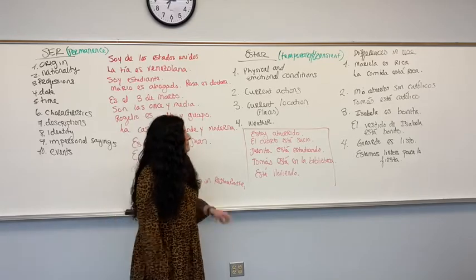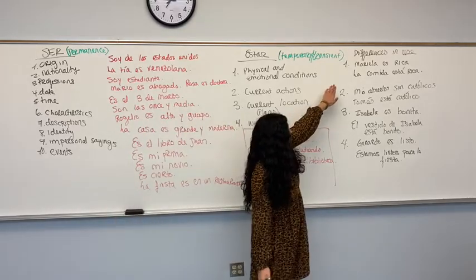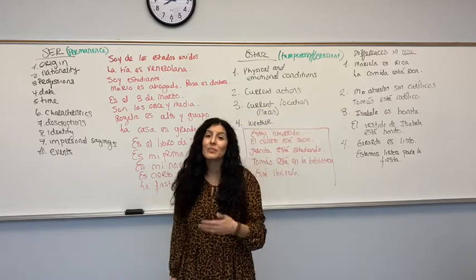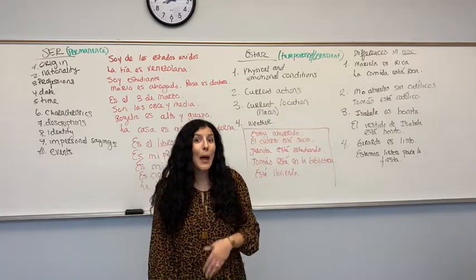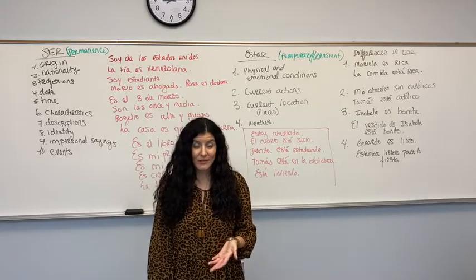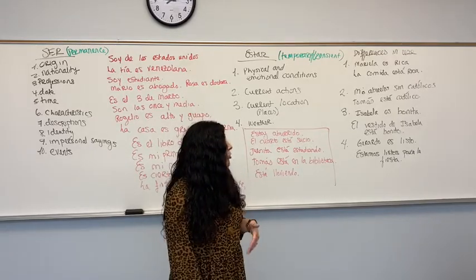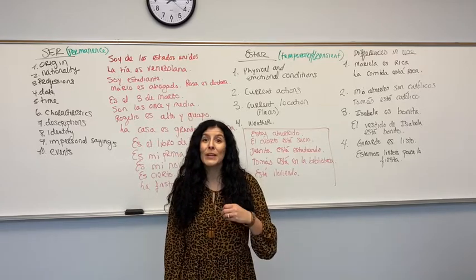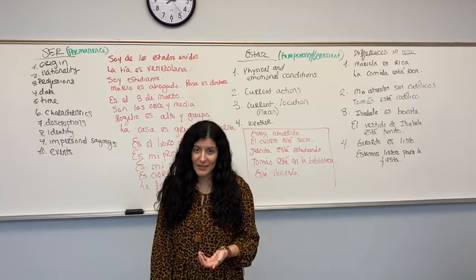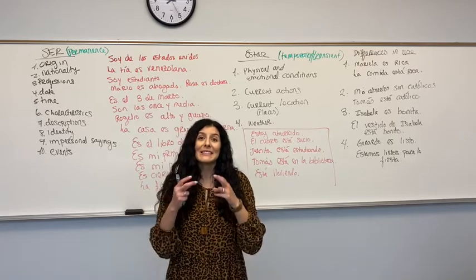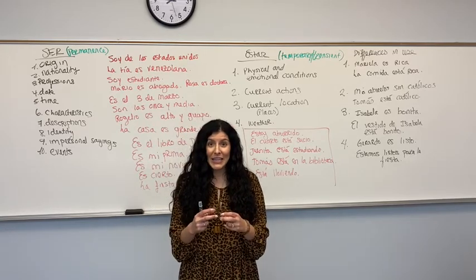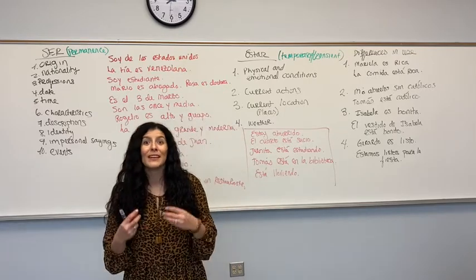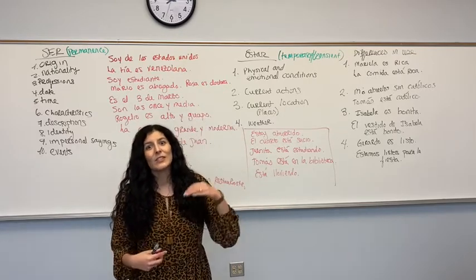For example, if I said, Mariela es rica, I am describing her. I'm saying, Mariela is rich. If I said, la comida está rica, I'm saying the food is delicious. But I'm using está to indicate that I'm talking about something that's delicious as opposed to using this word in the sense of a descriptive word.